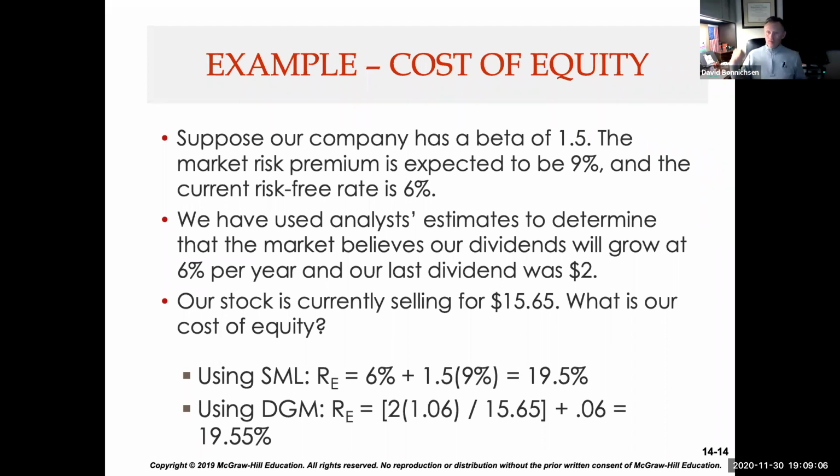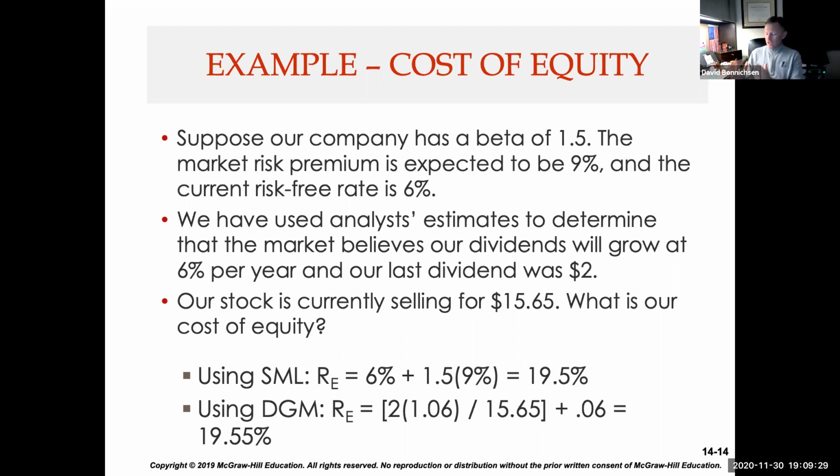Since the first bullet had the word beta in it, that's a red flag for CAPM. So what's the cost of equity using the CAPM? Expected return is equal to the risk-free rate of 6 plus the beta of 1.5 times the risk premium of 9%, which gives us an expected return of 19.5% using CAPM.